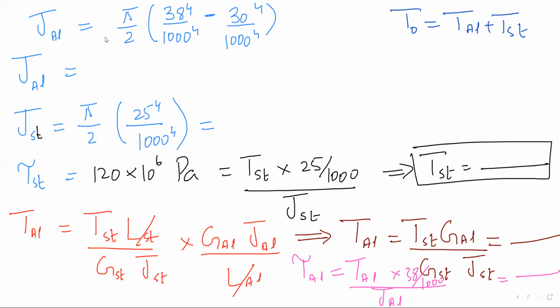So you have this. Okay, now you will have divided by 25 into 1000. I'm getting 2945. 2945.6.